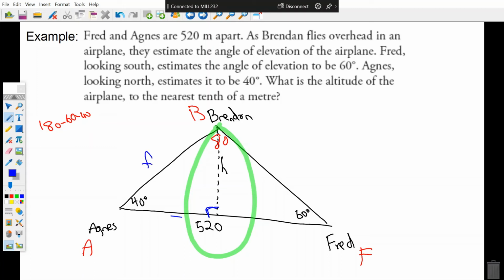Okay, I've got an angle side pair, so I can use the sine law. So what I'm looking for here is 520 over sine 80 equals F over sine 60.